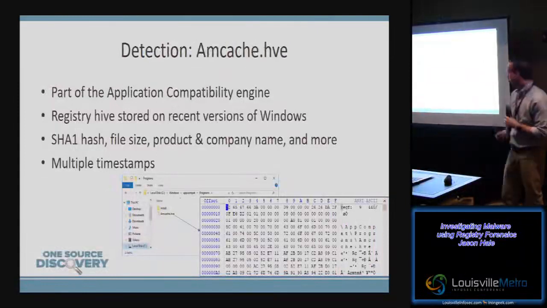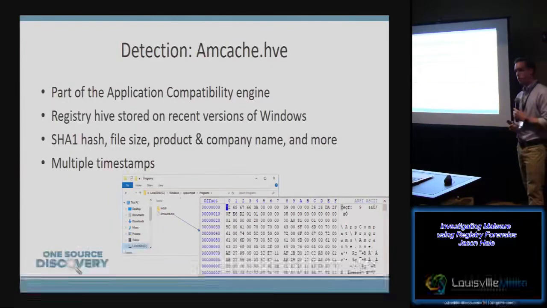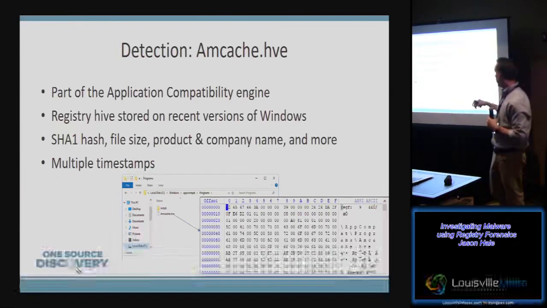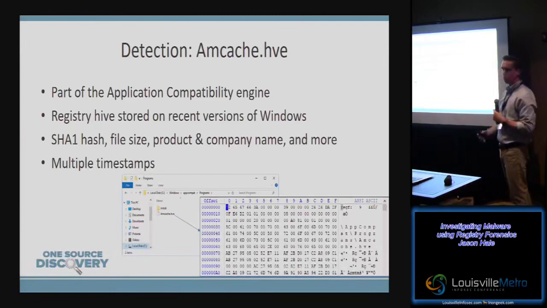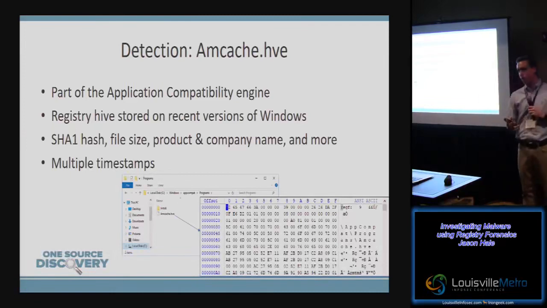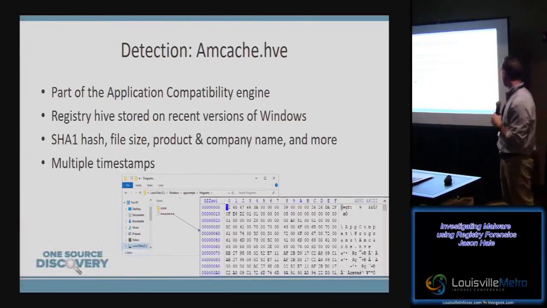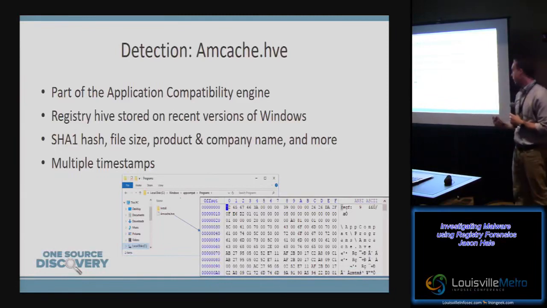All right. The mCache is another part of the application compatibility database. Just like the app-to-pack cache, this is also associated with that same feature. However, unlike the app-to-pack cache, this is an entire registry hive all to itself. I didn't list it in the primary hives in the beginning of the presentation, but you can load this up into a registry viewer and look at it just like you would any other registry hive.